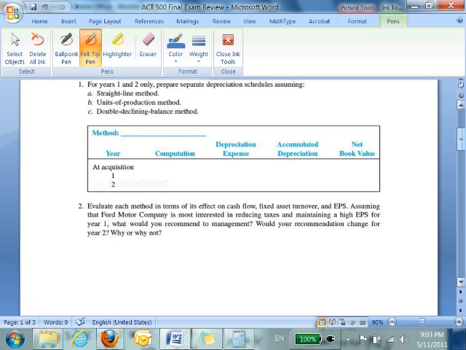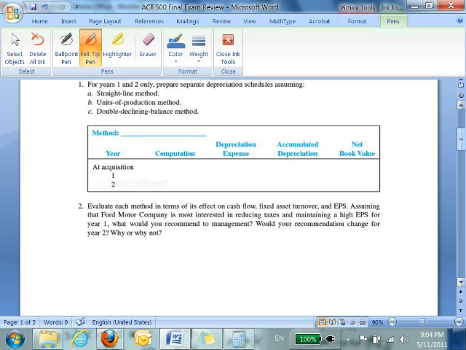Because you want the best tax deduction right now instead of later on. This is the same story. The double declining method gives you the early tax deduction rather than a late tax deduction. So it is a preferred method to increase your cash flow because you pay less tax in the early stage.